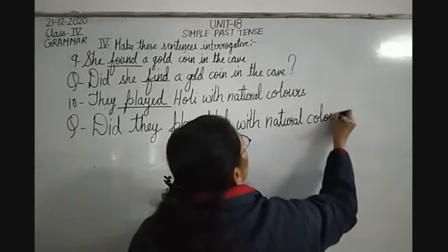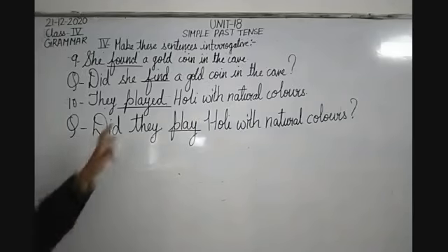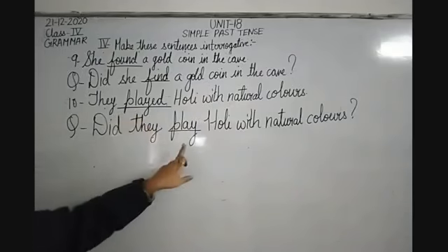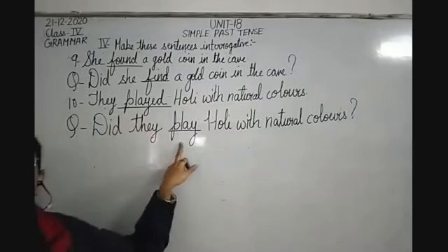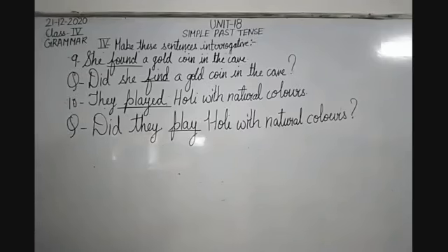At the end, question mark. Fine. Played is past tense, what is the root form? Play. Start with did, at the end question mark. So with this we have finished exercise 4.